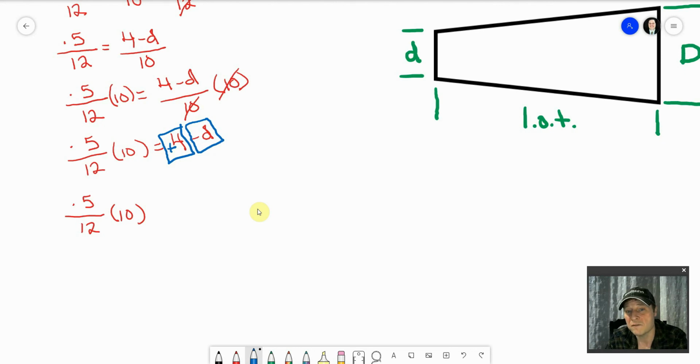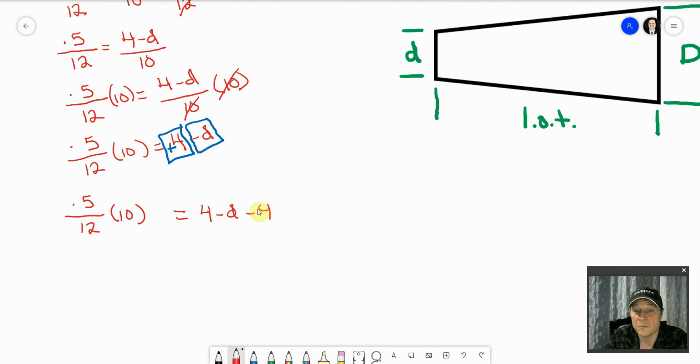So if I move this 4 to the other side of the equal sign, I have to recognize that a positive 4 can only move over if you subtract 4, right? 4 minus something minus 4 would cancel out the 4's. So let's leave a space there and say equals 4 minus d minus 4.